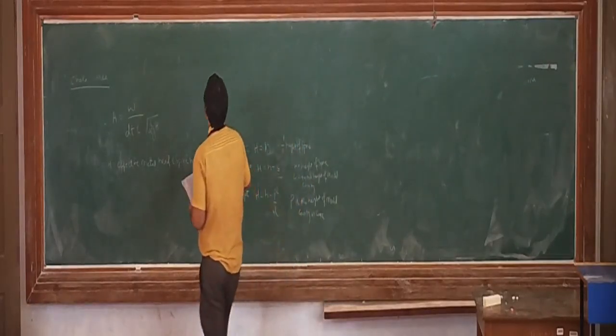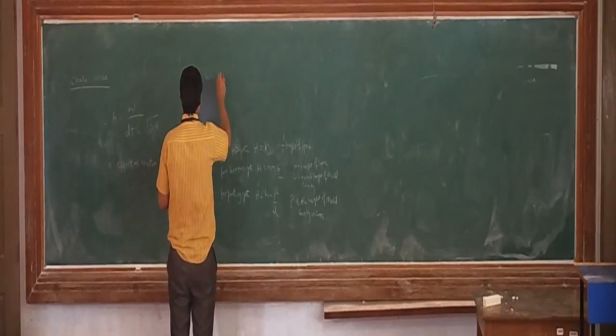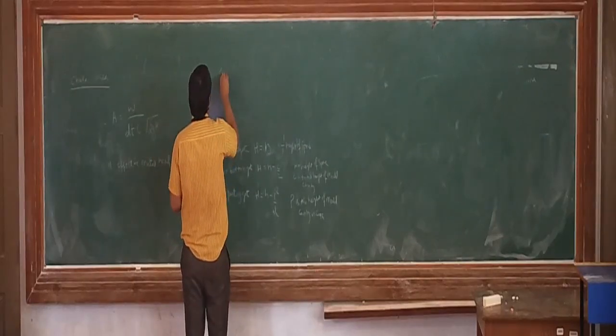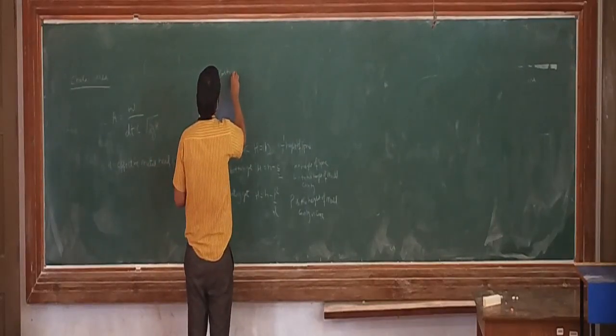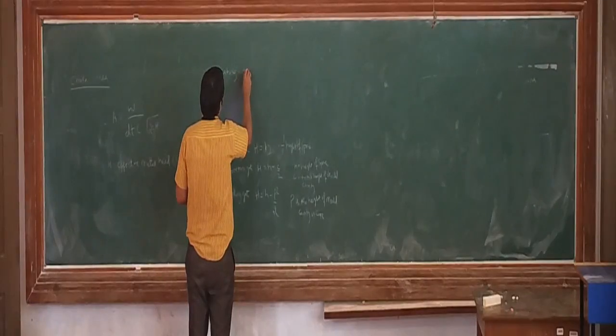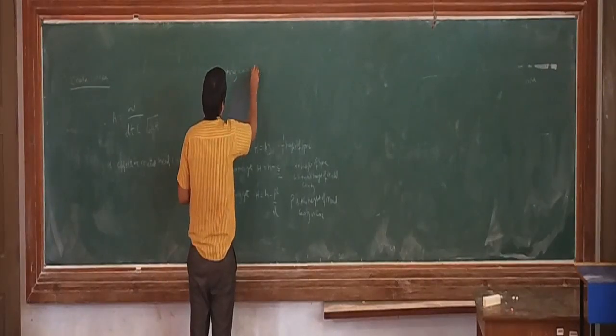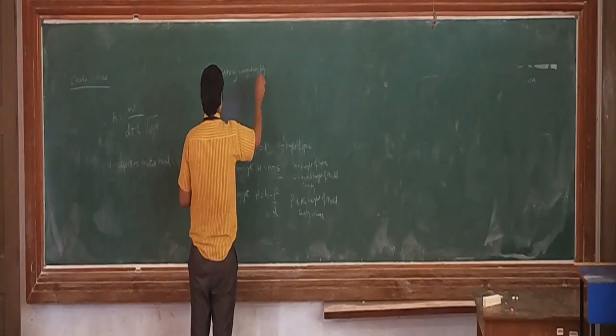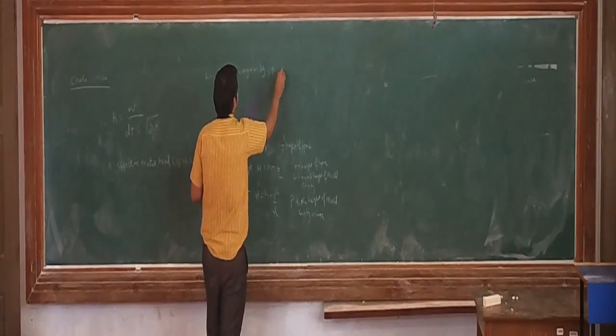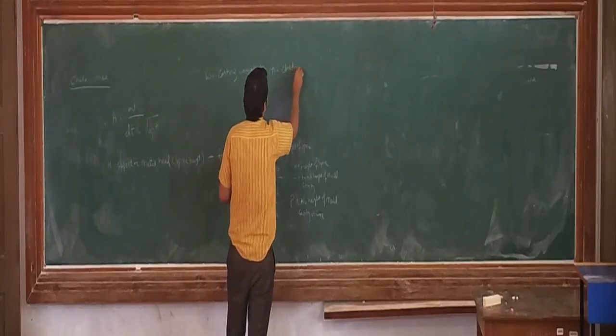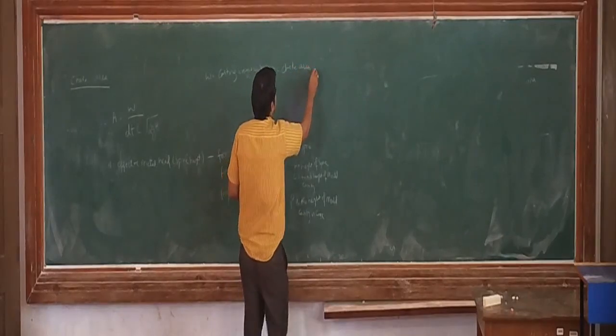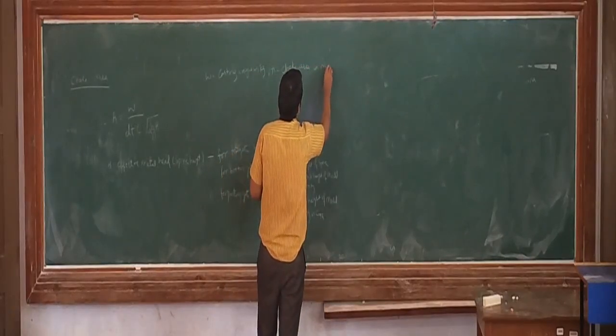Apart from that, W is the weight of the casting in kg. A is the choke area in mm square.